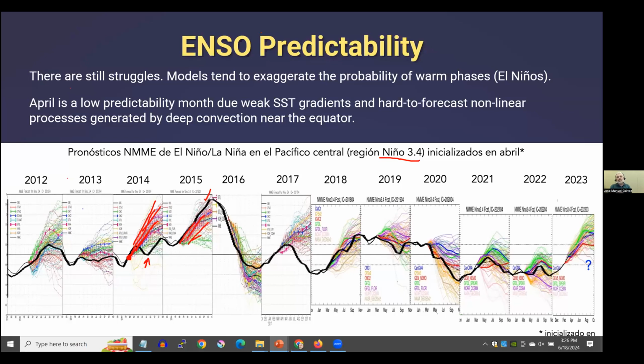So it's really hard to tell in which direction the system's going to go. If you're forecasting in June, July, August, and later months, the predictability is a little bit better. That issue is called the spring predictability barrier, referring to the Northern Hemisphere spring.